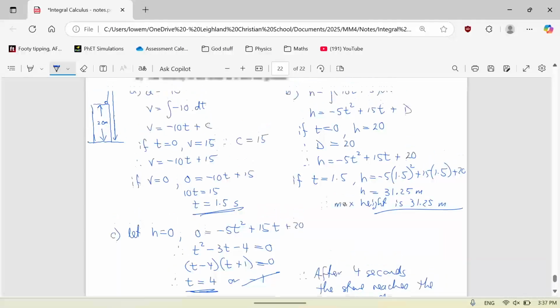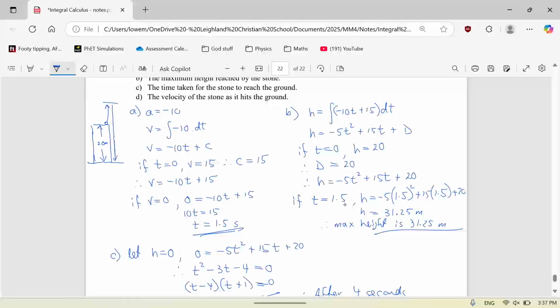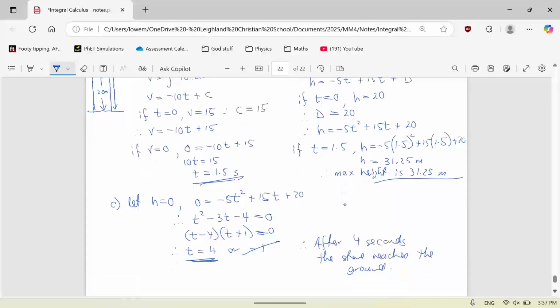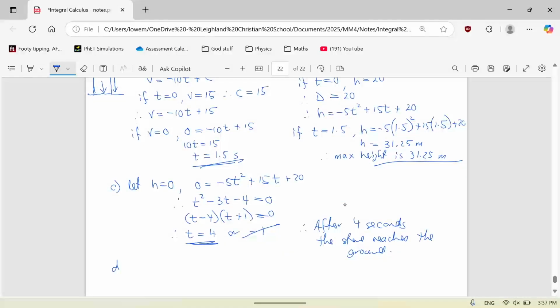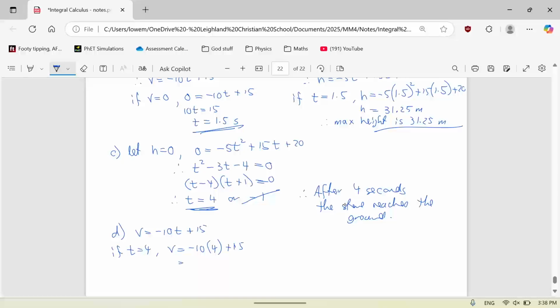All right, last question here. Velocity of the stone as it hits the ground. Well, we know the time, so we can use our v equals negative 10t plus 15. If t equals 4, then v equals negative 10 times 4 plus 15, which is negative 40 plus 15, it's negative 25 metres per second.